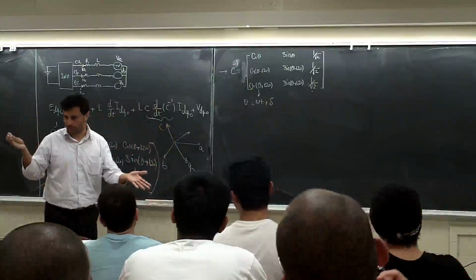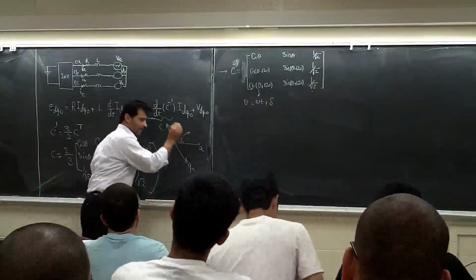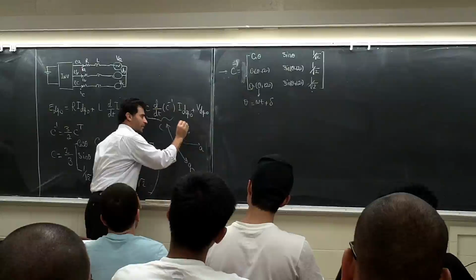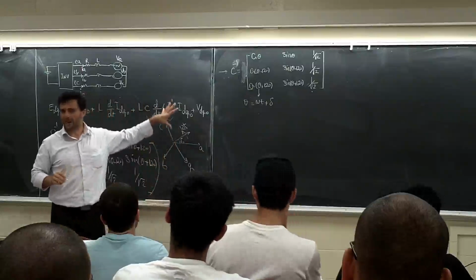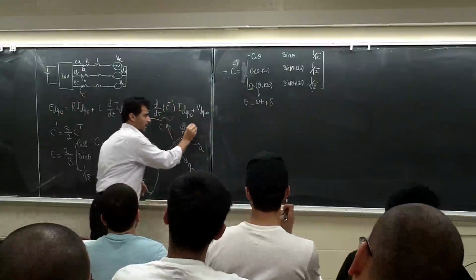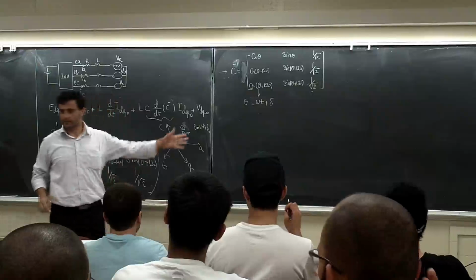Before I start to write, this one maybe will be like a delta 0. But as soon as this one happens, this one is going to start to rotate with omega t, right? How much is the theta? Theta is going to be omega t plus delta 0, right?